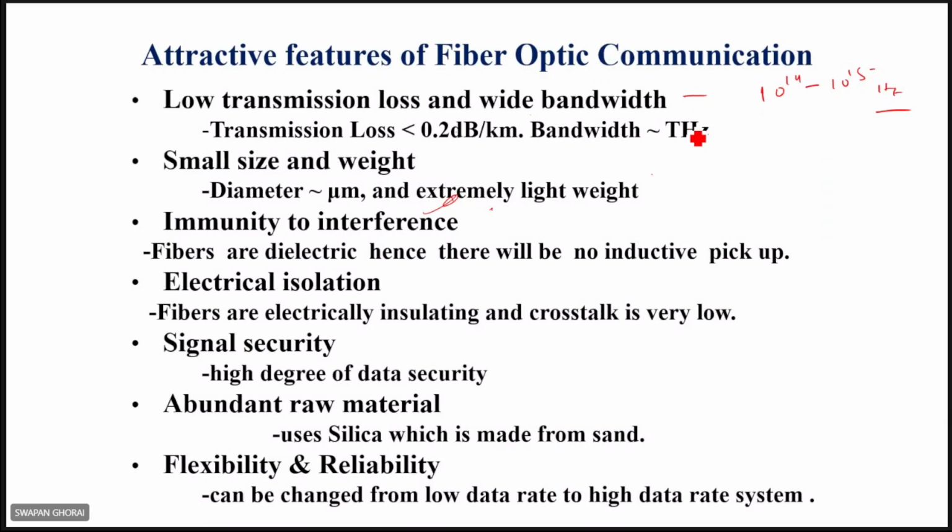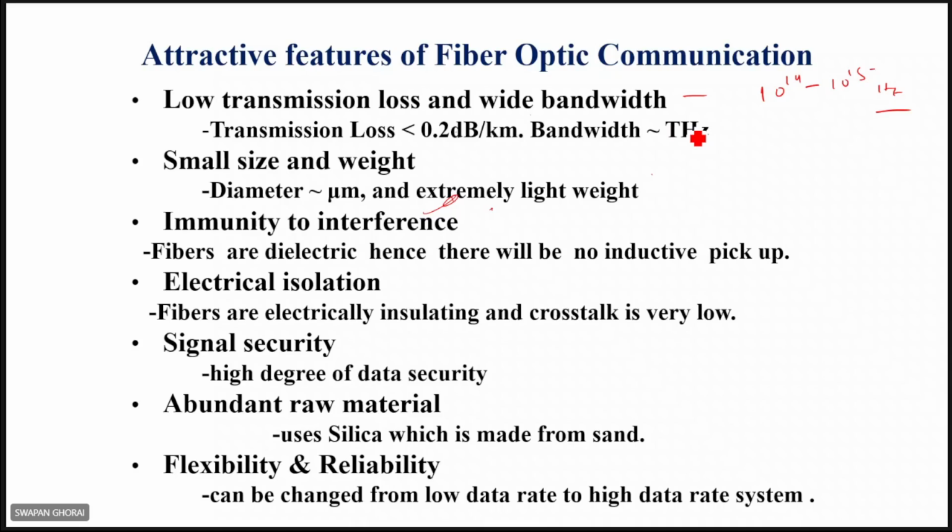In fact, the basic backbone is optical fiber. All other communication systems are there, such as the mobile you are using, but that is a wireless system. I'll show you how the connections are made in India, for internet networks.